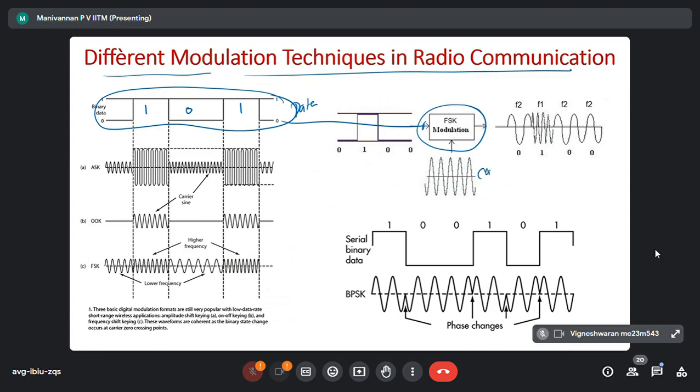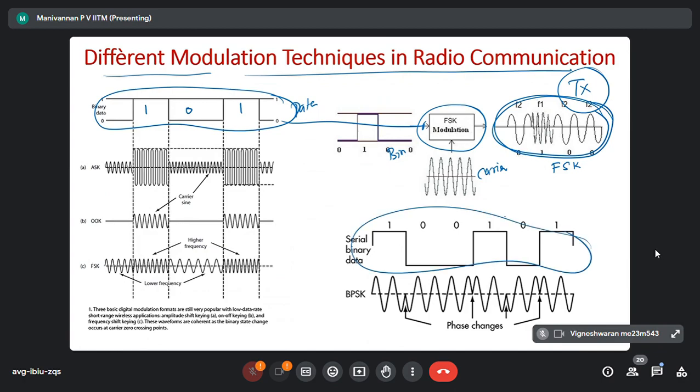So what I get is this. This is FSK, frequency shift keying. Then this will be transmitted wirelessly using an antenna. At the receiving side, again you can get back the original signal. Okay, this is how it works.